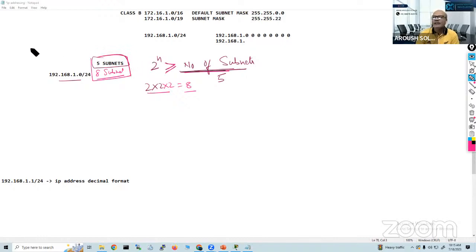Means you will get 8 networks. In each network, how many? 32 IP addresses. Same thing even for 5 subnets and 8 networks, because the formula is like this, right? Both are the same.